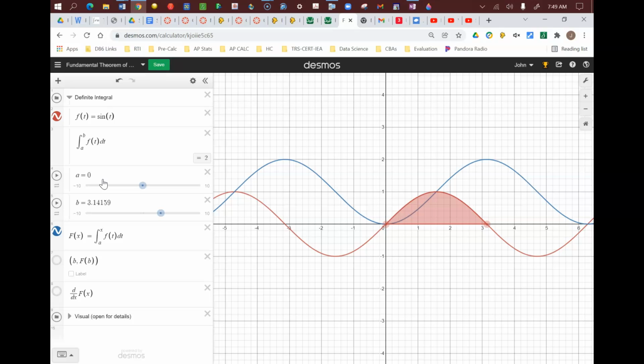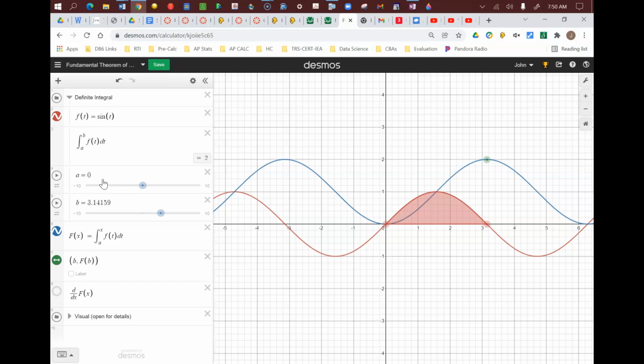And that's, again, not what we're all that interested in. What we're going to do is we're going to build up to what we're interested in. The next thing I'm going to do is I'm going to plot a point on that function, and that point is going to correspond to the upper bound of our integral, which currently is pi, and the value of capital F of x at that upper bound.